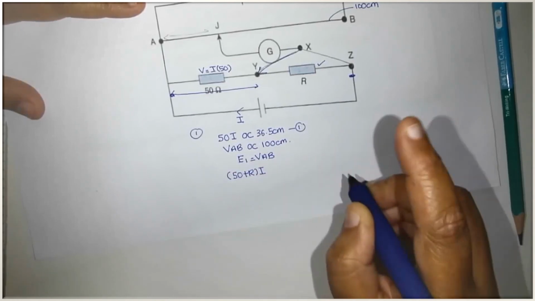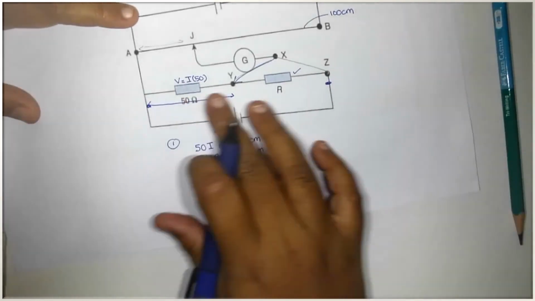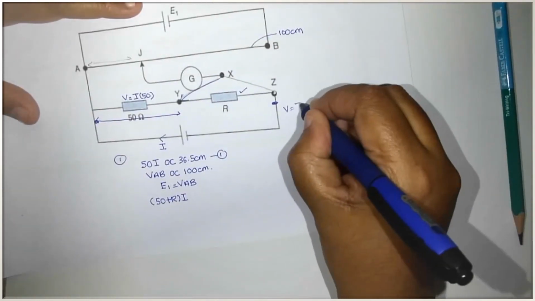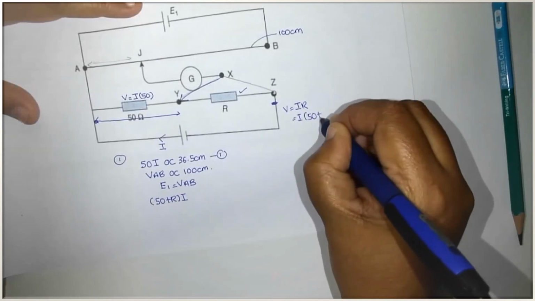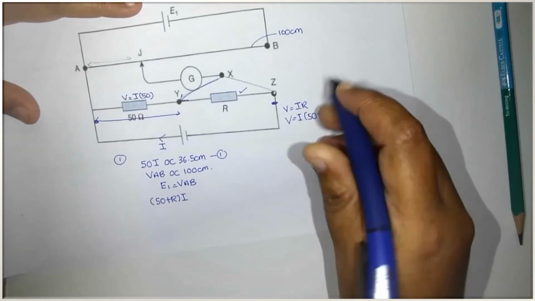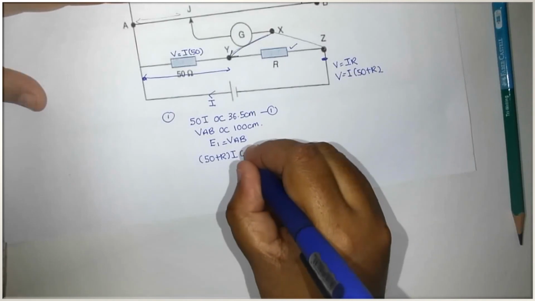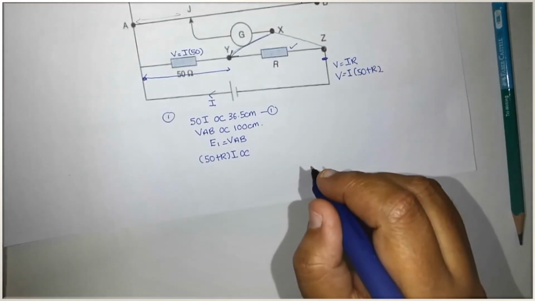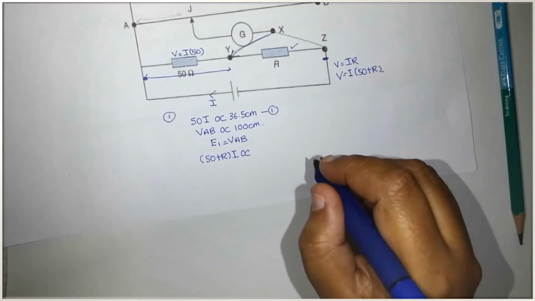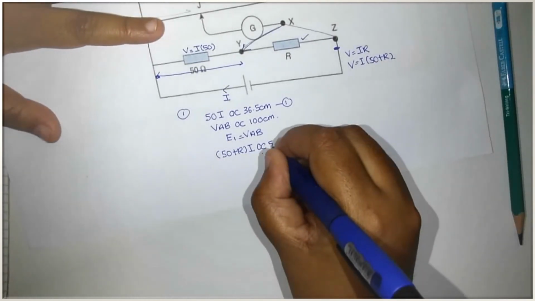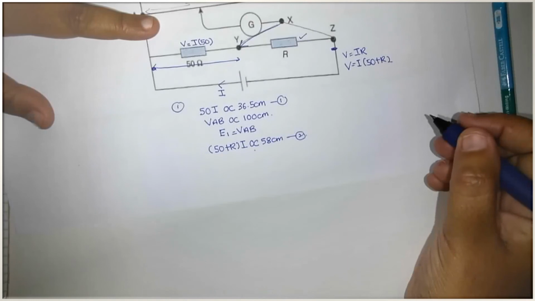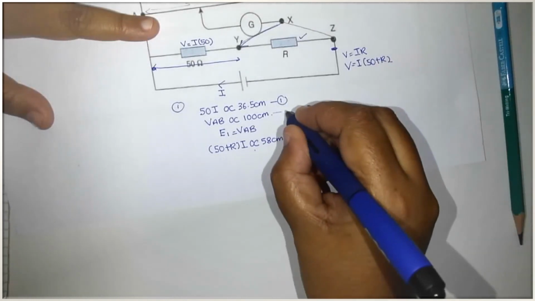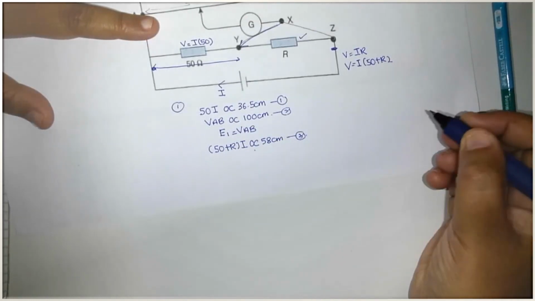I use the formula V equals IR, correct? And they are in series. So I(50 + R). V is directly proportional to 58 cm. Number 2. Sorry, this one I can put number 2. This one I can put number 3.